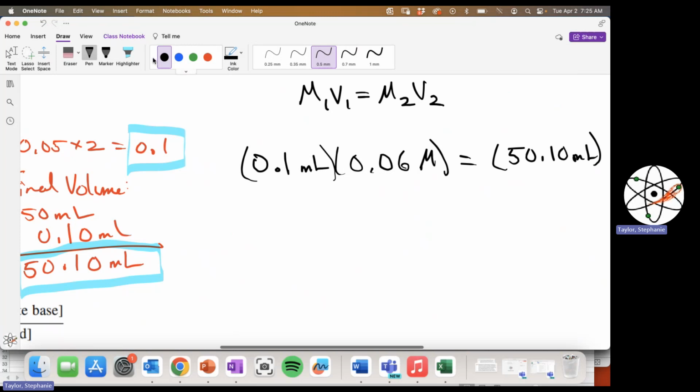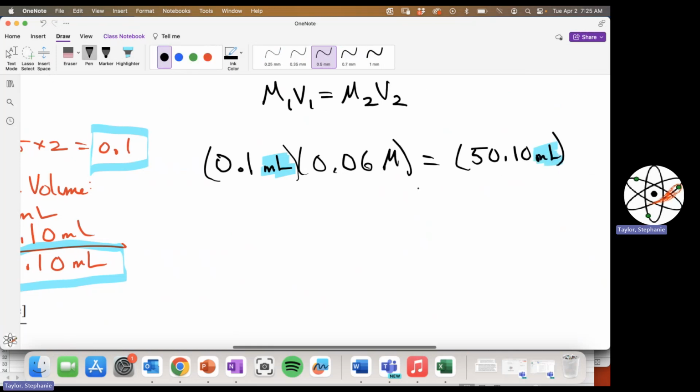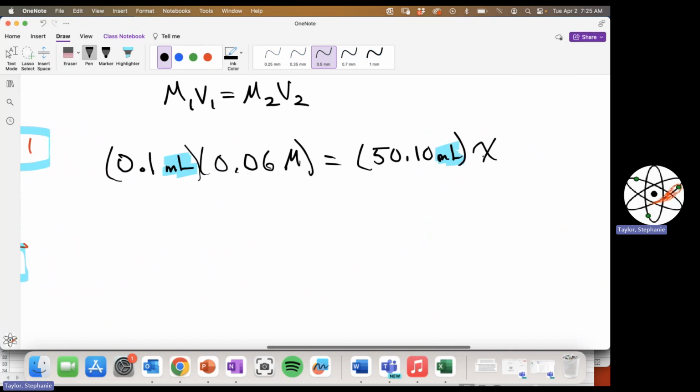The beautiful thing with M1V1 equals M2V2 is that as long as my units are the same, they can be whatever I want. I will be solving for molarity, because whatever my unit is, that will be my ending unit.